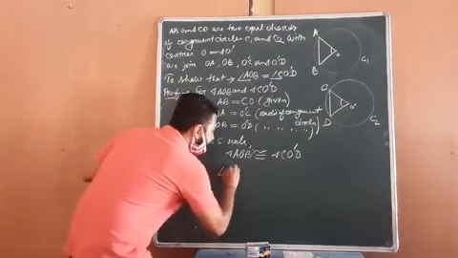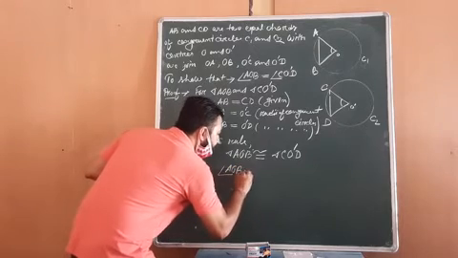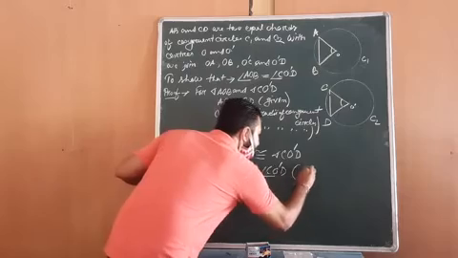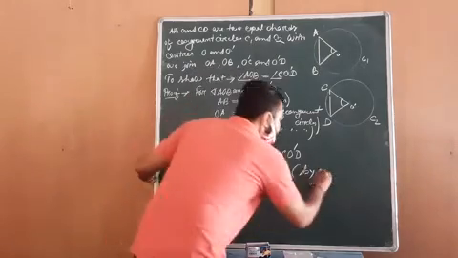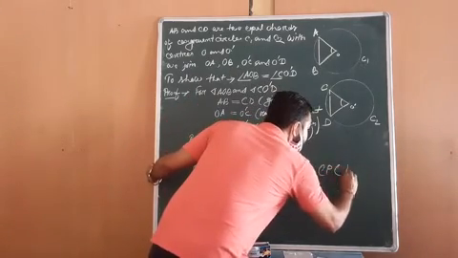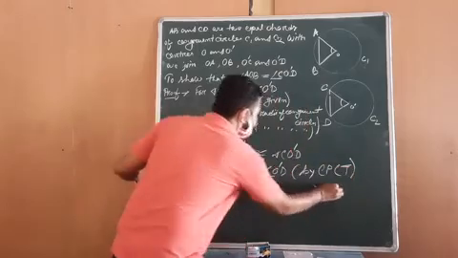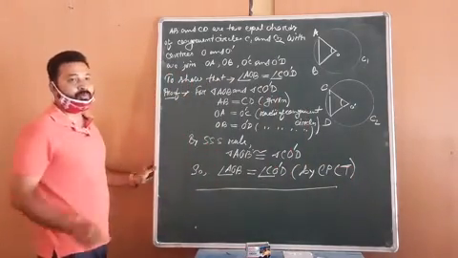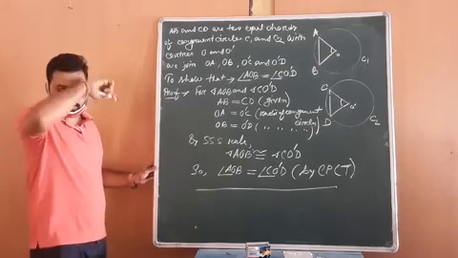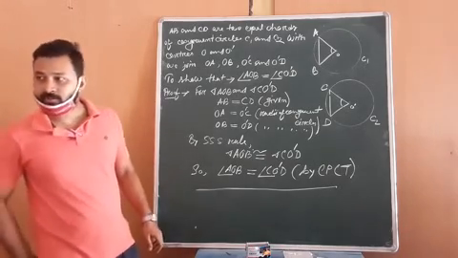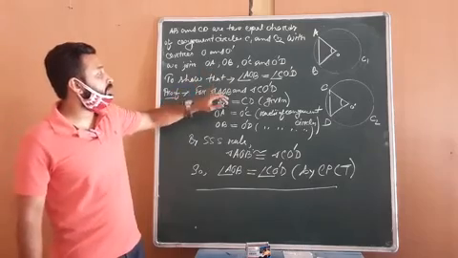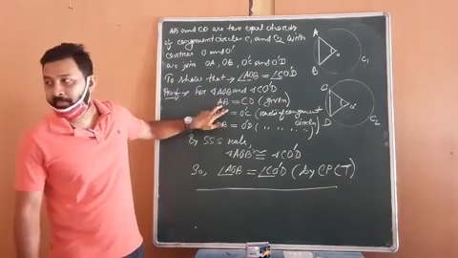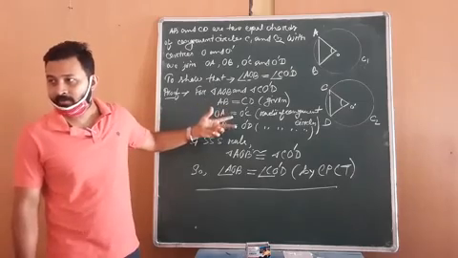So angle AOB is equal to angle CO dash D. In this way it is proved. Understood? In the next question also you can do the same. In the next question, this part is given, and we need to prove this part, AB equal to CD. That's all. Understood?